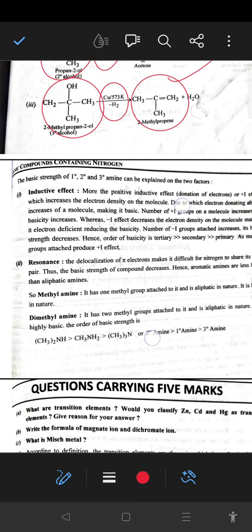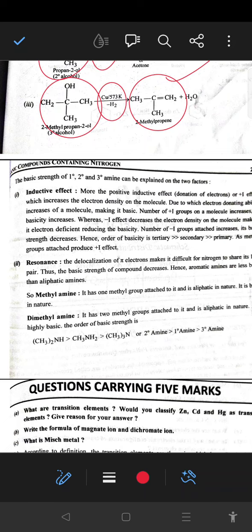So next is the basic character. In case of basic character, the basic strength of primary, secondary and tertiary amines can be explained on two factors: first the inductive factor, second the resonance effect. By the inductive factor, we see that the more the number of alkyl groups, the more the electron density on the nitrogen atom, and the more the basic character.